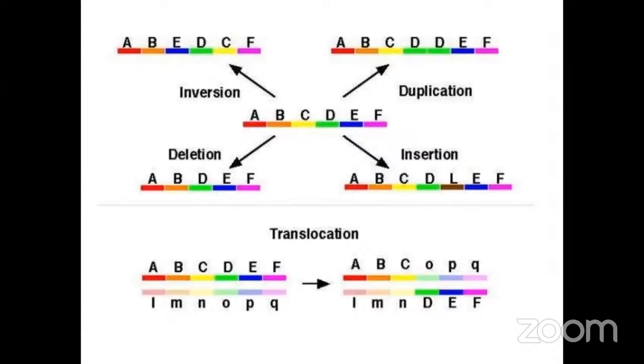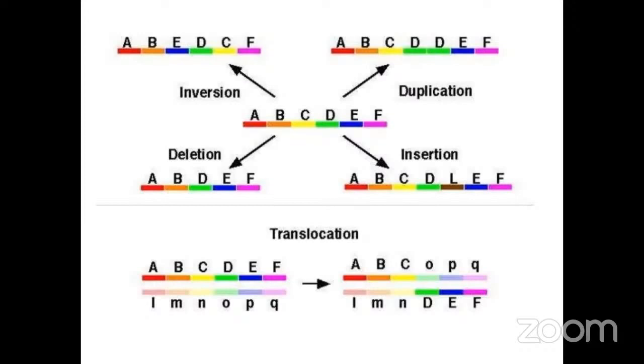So in this diagram, in the middle, you can see there are 6 genes on a chromosome. Let's assume there are 6 genes on a chromosome: capital A, B, C, D, E, and F. If there is a deletion of the C gene, after deletion you can't find the C gene there.